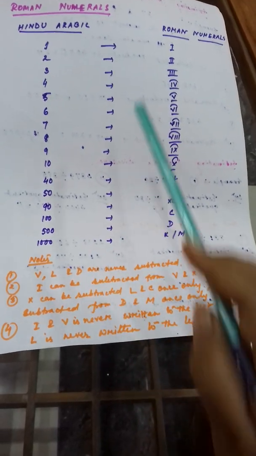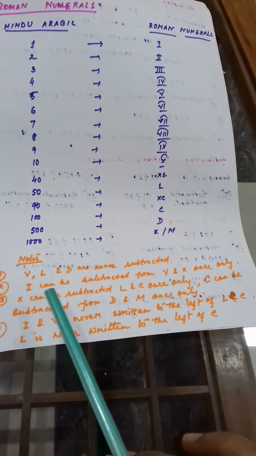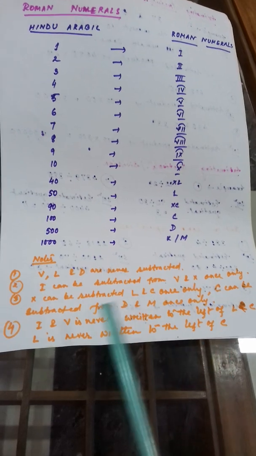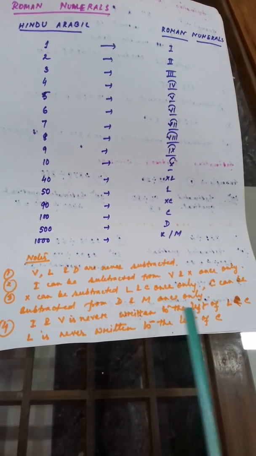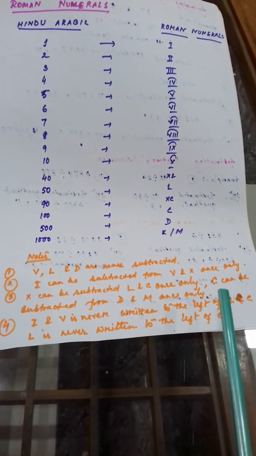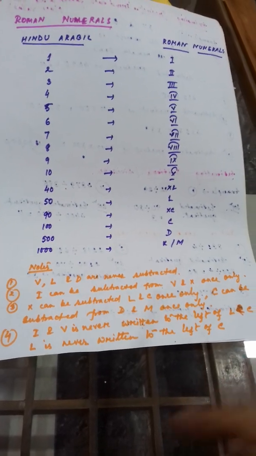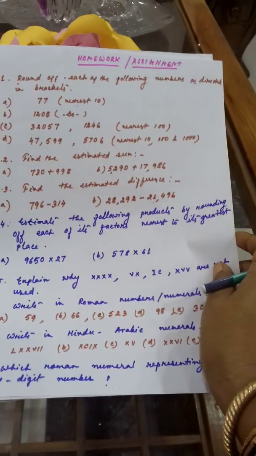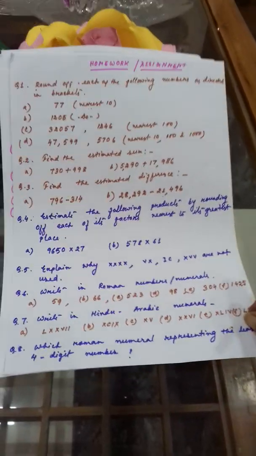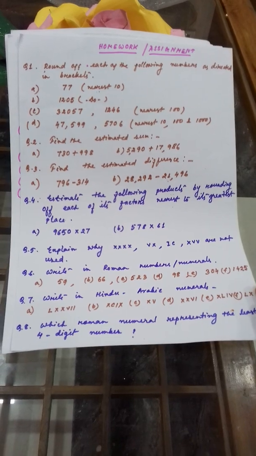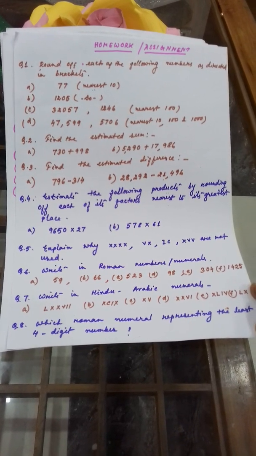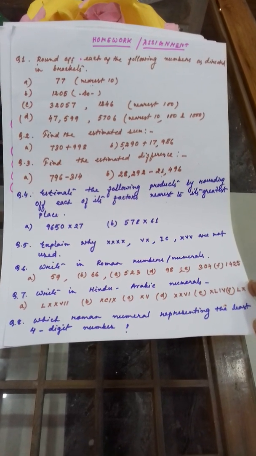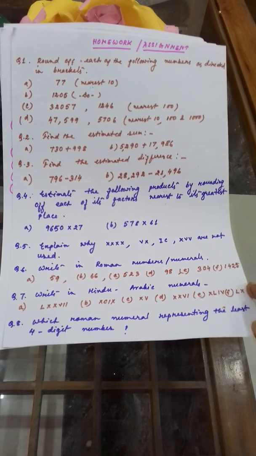And what I have told you verbally, these things I have written in statement form, you can go through it. Clear? Now on the basis of estimation and Roman numbers, here are some assignments. Check it out. You have to solve it.